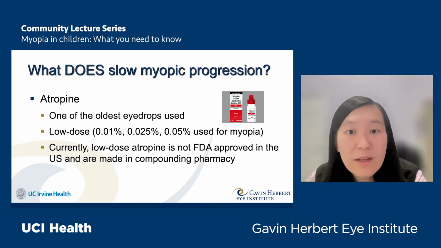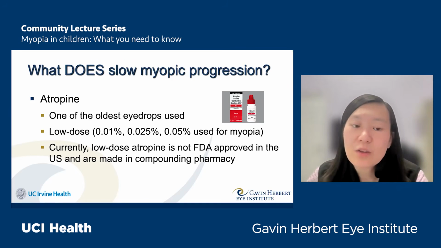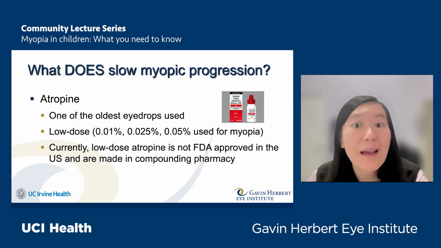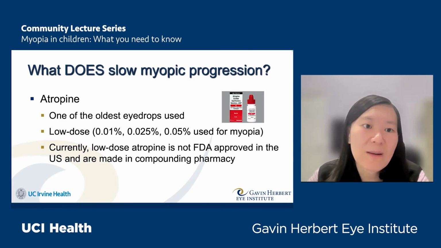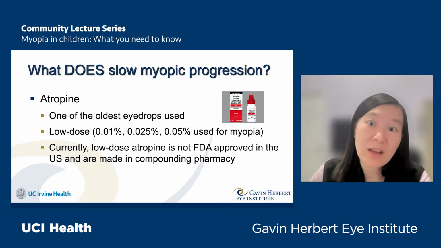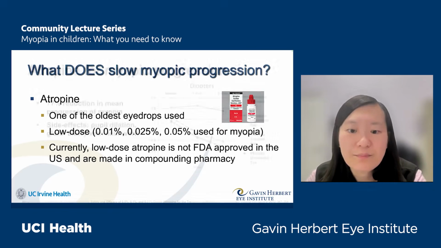Very soon, it will get FDA approved. It's actually in the process of getting FDA approval. So hopefully in the next year, we may be able to just send it to CVS Pharmacy or Walgreens, and they will have it in stock. But at this time, if you want to get it, you have to ask me to send it to a special pharmacy, and they will compound it for you, as if they are making it especially for you.